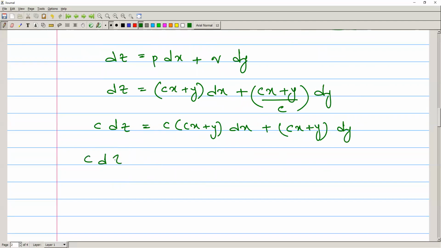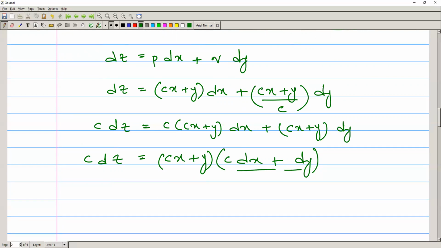Now if I take cx plus y as common from the right hand side, I will be left with c dx plus dy inside. Now I can see that this cx plus y is basically the derivative of this function, this c dx plus dy.